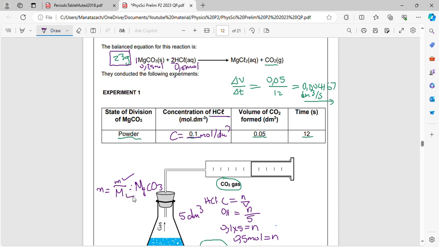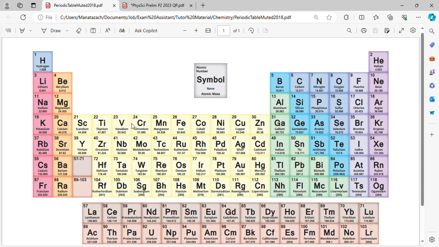And then the molar mass, that's the one you need to calculate from the periodic table. I've got the periodic table here. In our periodic table, we have magnesium, carbon, and oxygen. Magnesium is 24, carbon is 12, and oxygen is 16.